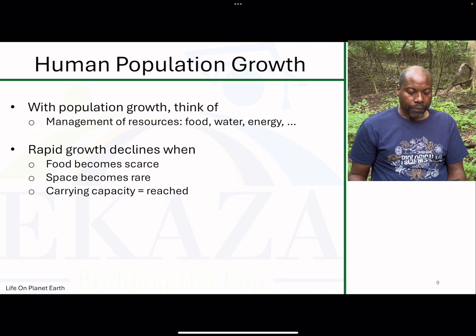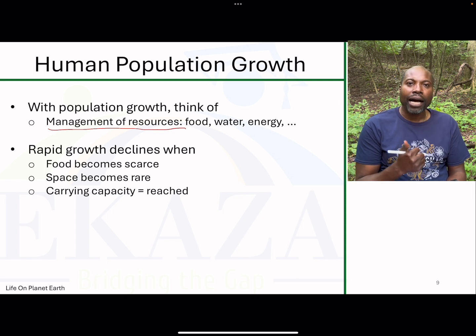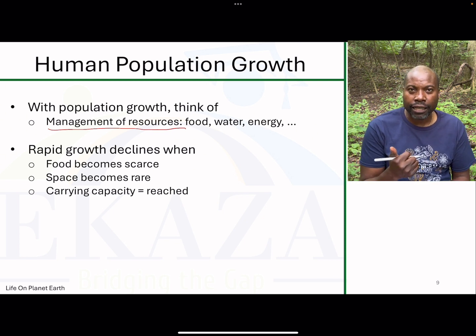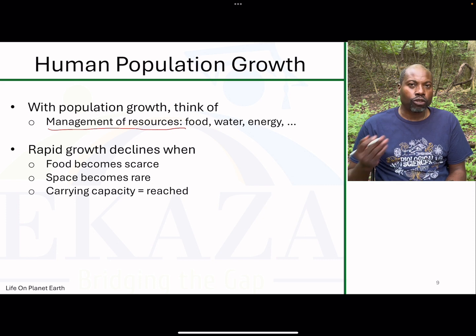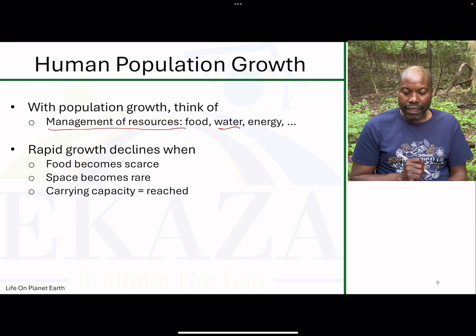All right. So with population growth, we have to think of a certain number of things, including managing the resources. Do we have the amount of food that is needed to sustain the population that is growing? Do we have the amount of water that is needed?